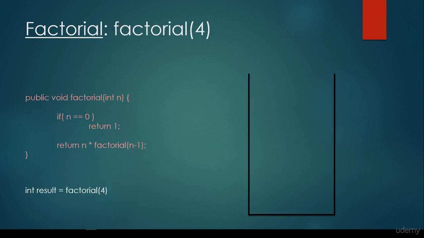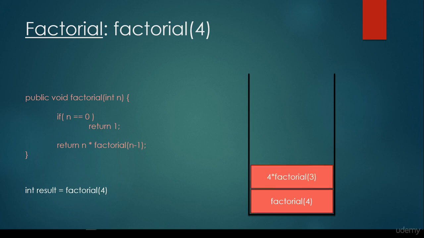Okay. So this is how we implement the factorial in a recursive manner, and we would like to calculate the factorial of 4. We don't know the factorial of 4, so we are going to push it to the call stack. But we are able to reduce this problem into a subproblem, because we just have to calculate 4 times factorial 3.